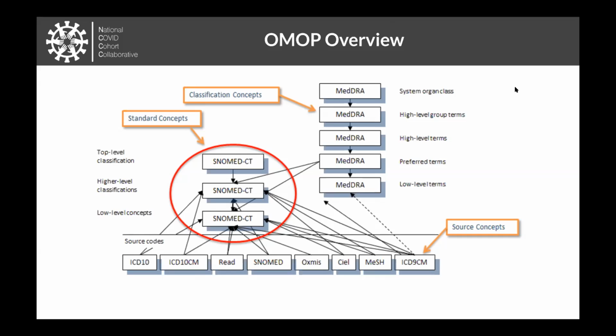So it's actually very, very useful. And we also have some MedDRA classifications in there as well that sit on top of SNOMED, just as another way to classify these codes. It's a pretty quick overview. Any questions about that before I move on?